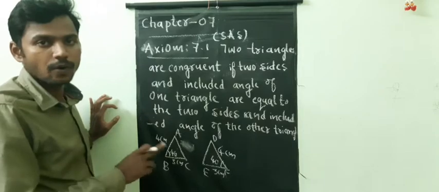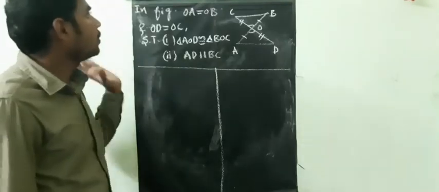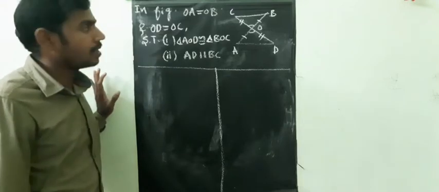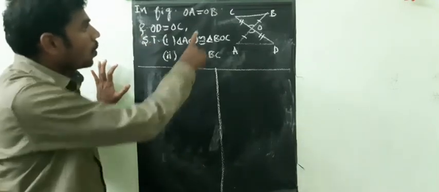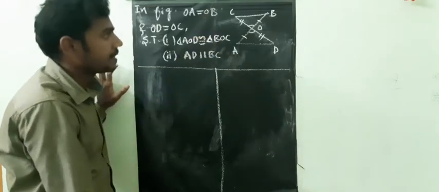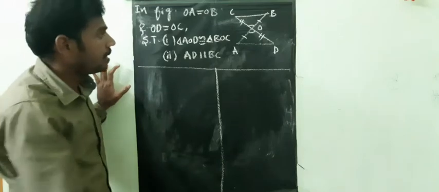Based on this, we are going to solve two examples. So we are going to solve an example based on the SAS criteria. In the figure, OA is equal to OB. It is given OA is equal to OB and OD is equal to OC.